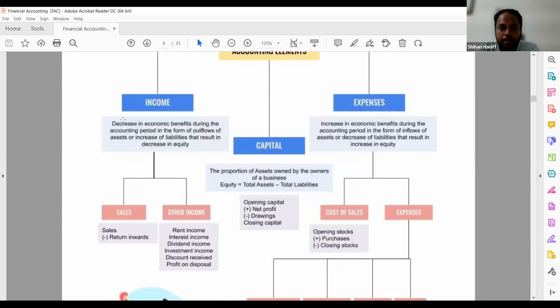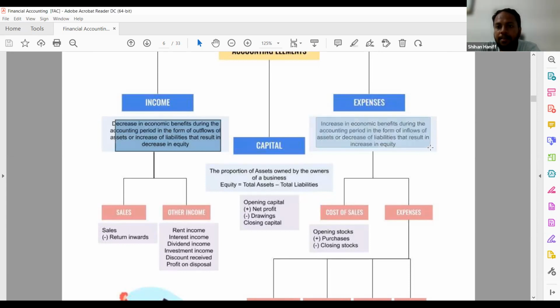Income. There is a small typing error here. This should change: here it should be expense, and this should be income. Expenses mean a decrease in economic benefits.